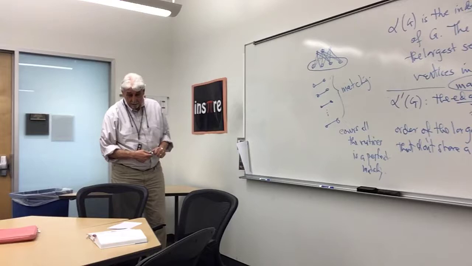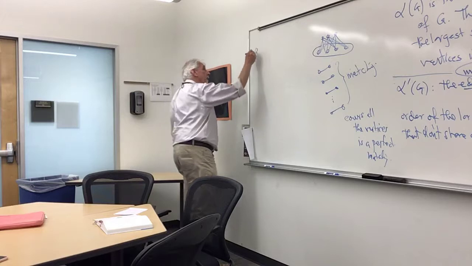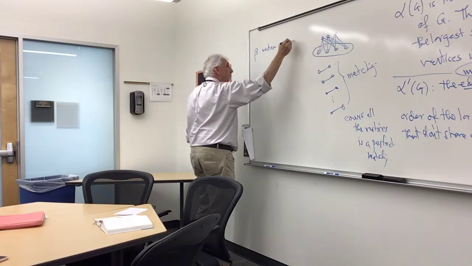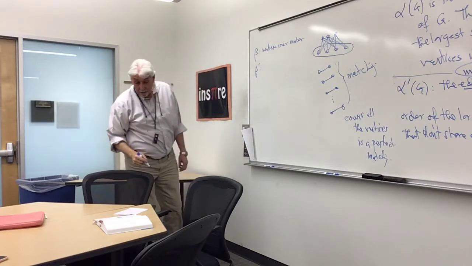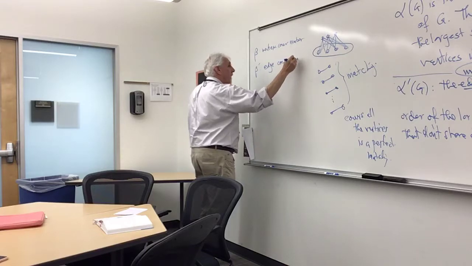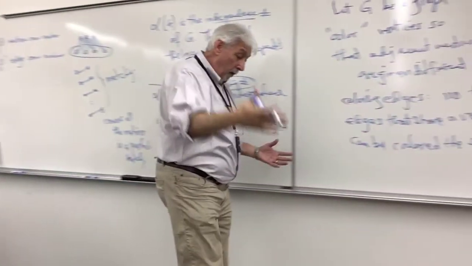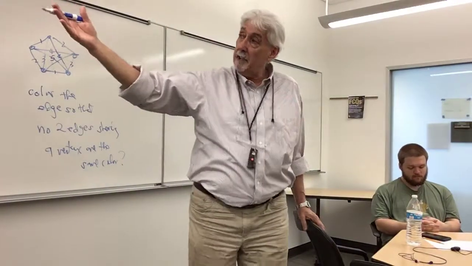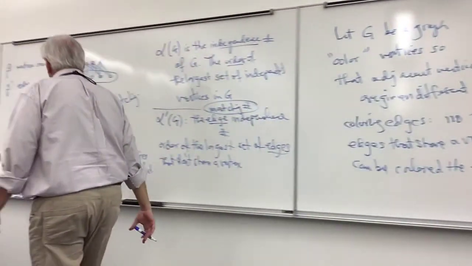Okay. Now this is the one that I always get confused with. Beta is the vertex cover number, and beta prime is the edge cover number. And there's a reason we're going through this, because as we develop more about colorings, we're going to use independent sets. We're going to use edge covers and vertex covers to help us find some of these values.